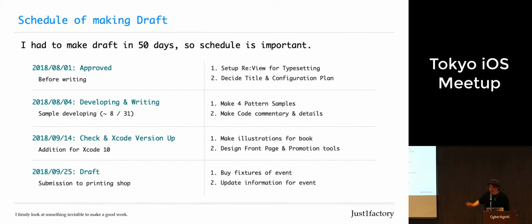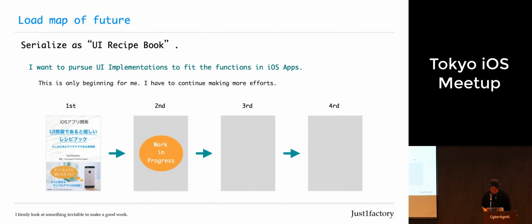This is the schedule of the book. I had to make a draft in 50 days, so the schedule is important. It's so tight. This is the first book. The second book is a work in progress.